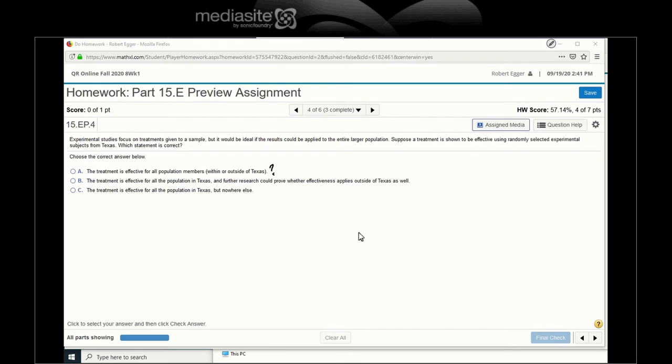However, further research could prove whether effectiveness applies outside of Texas as well. Treatment is effective for all population in Texas, but nowhere else. Perhaps, but without further research, you don't know whether A or B is correct. I'm sorry, A or C. So, B.